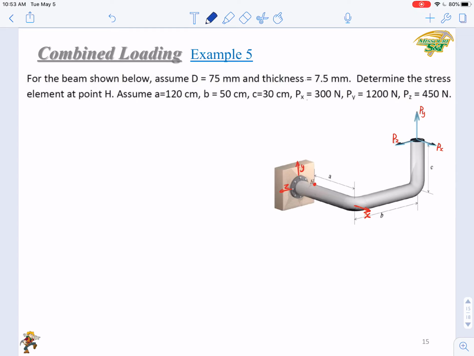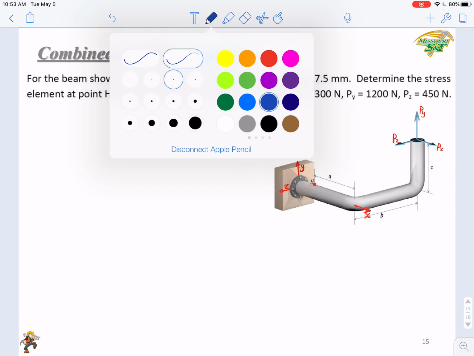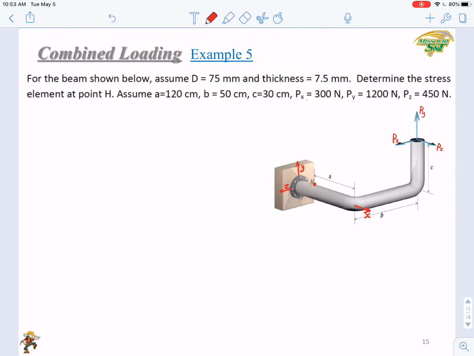Okay, the three dimensions: A is 120 centimeter, so it will be 1200 millimeter. The B will be 500 millimeter, and the C will be 300 millimeter.